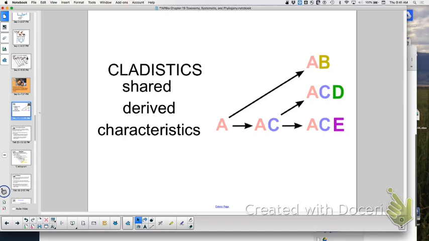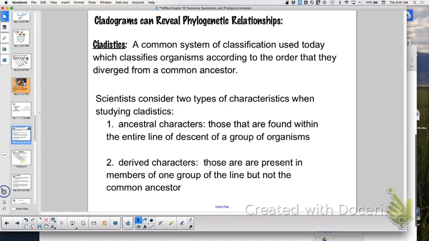But you're going to group these two in the same one because they have A and C. The B, C, D, and E are derived traits, right? The ancestral trait is what? A. Okay? So now, I just wanted to get in a few more specifics about how you do cladistics and set up a cladogram.